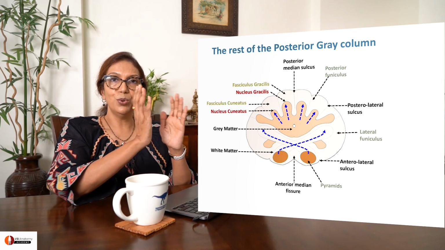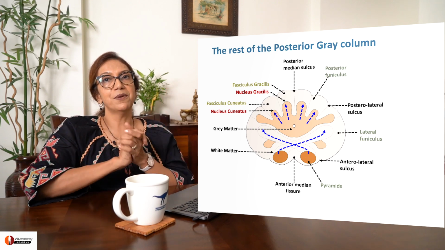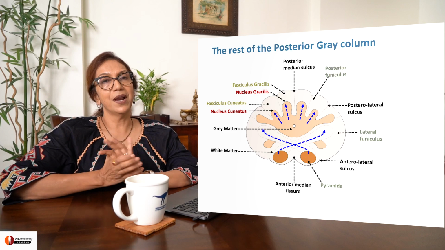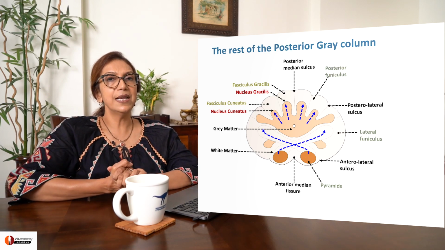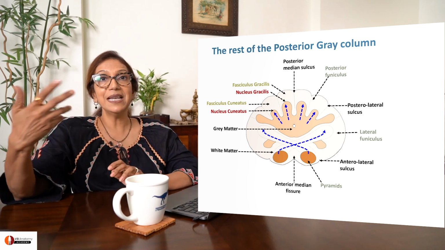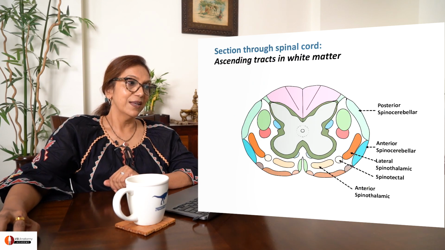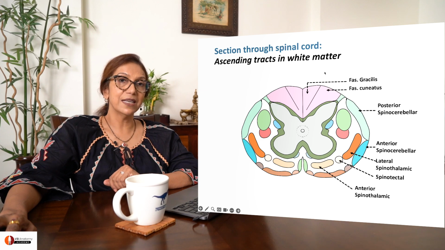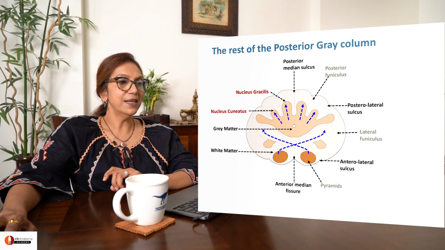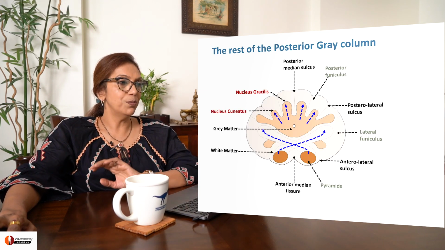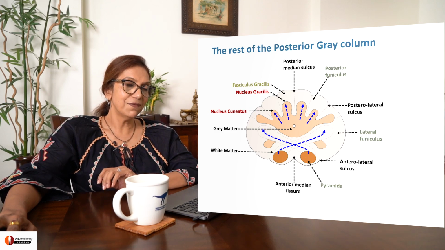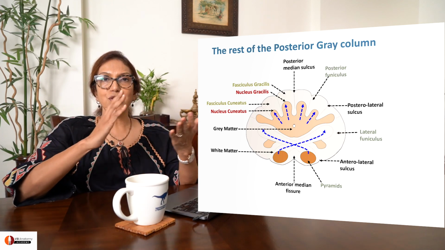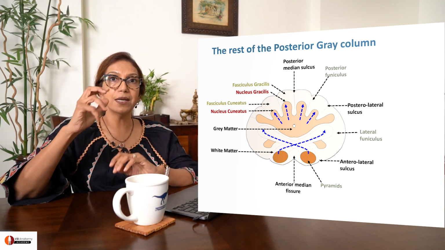So this on both sides is basically your dorsal column tract, and these nuclei are the nuclei into which your dorsal column tract finally relays. How it relays, what happens, we will discuss in my next lecture. Right. So this is fasciculus cuneatus, this is fasciculus gracilis. These are carrying the modalities which they have brought up to medulla. This is how fasciculus gracilis comes up, and this is fasciculus cuneatus. That was just a little section of spinal cord to orient you.